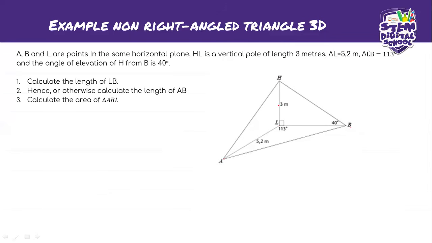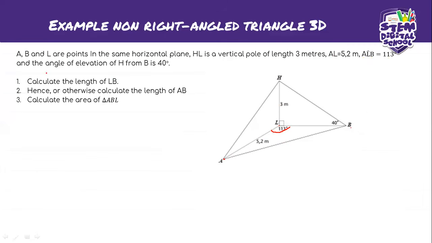Then AL, where is our AL? This is our A, this is our L, AL equals 5.2 meters. And then angle ALB equals 113 degrees, which is this angle here.